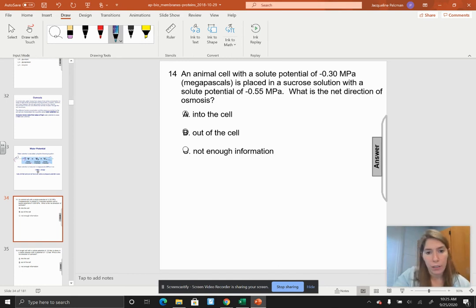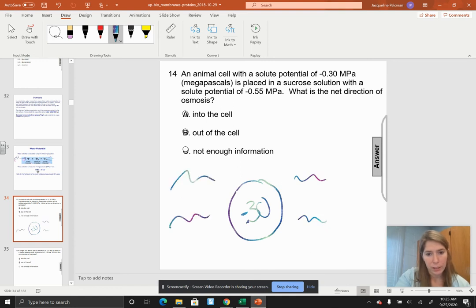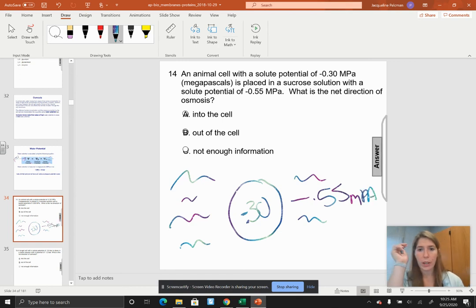If this is my animal cell at -0.30, and this outside solution out here is -0.55, where is the water going to move? Where is the net direction of osmosis?